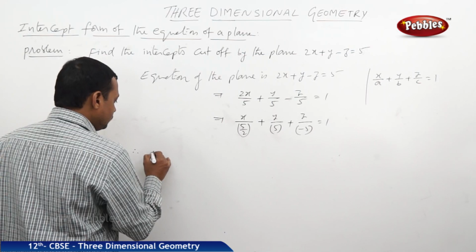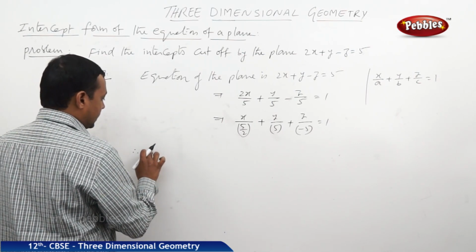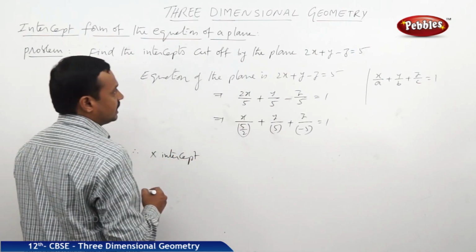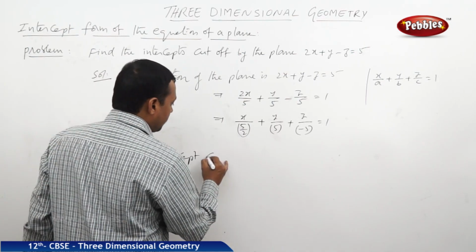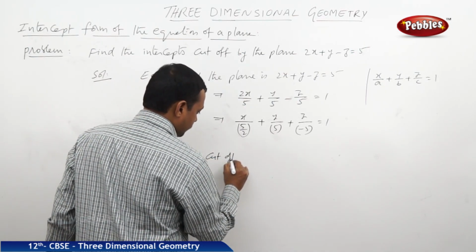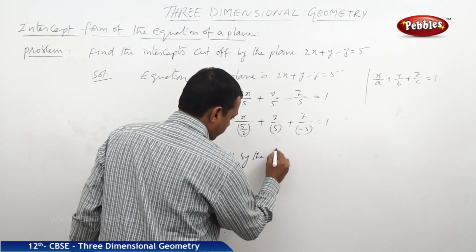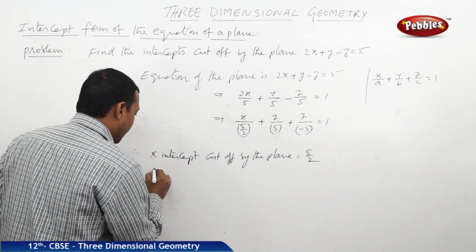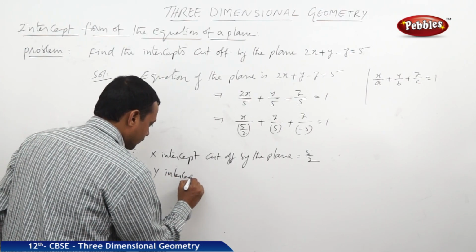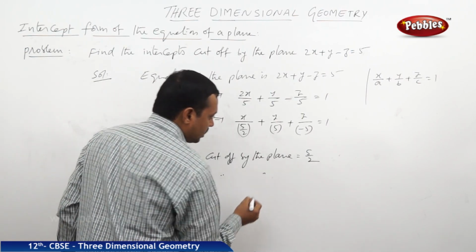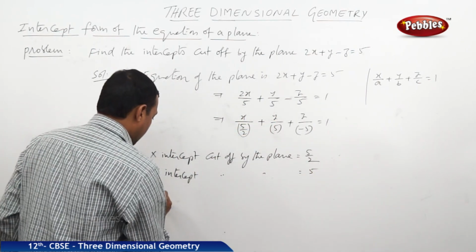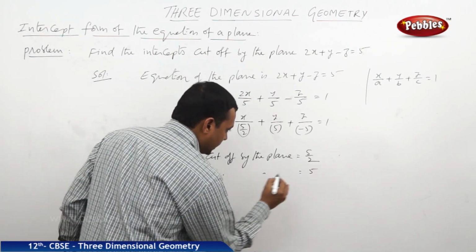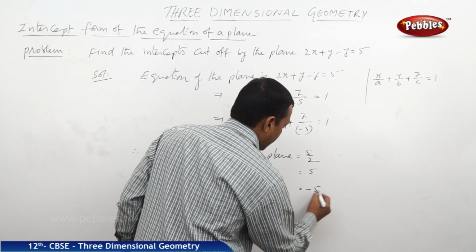Therefore, the x-intercept cut off by the plane is 5 by 2, and the y-intercept cut off by this plane is 5 units, and the z-intercept cut off by this plane is equal to minus 5.